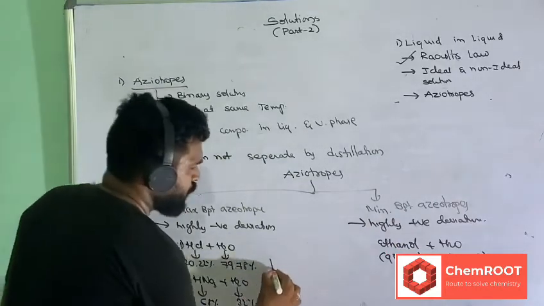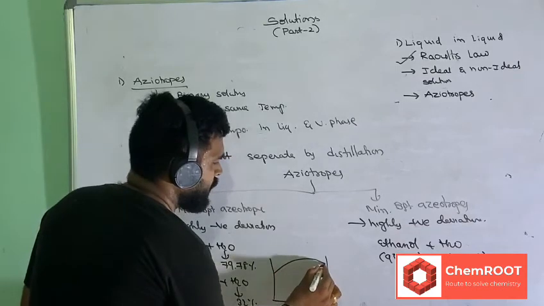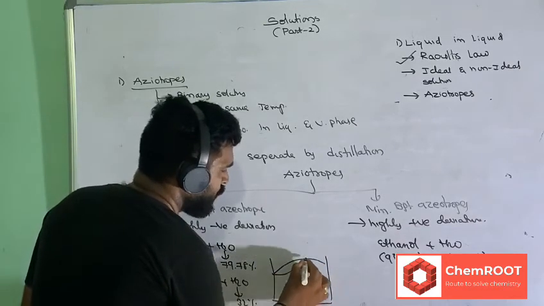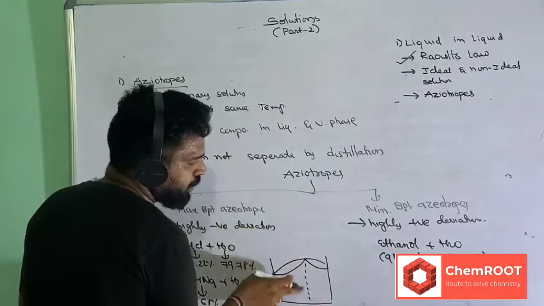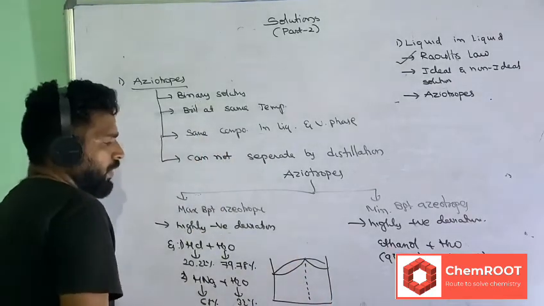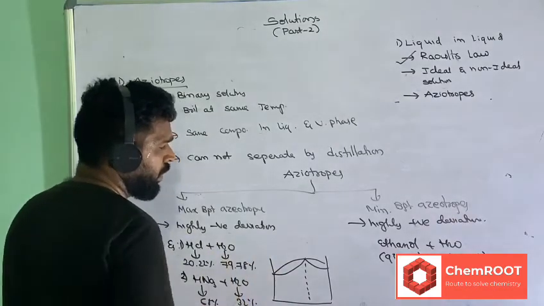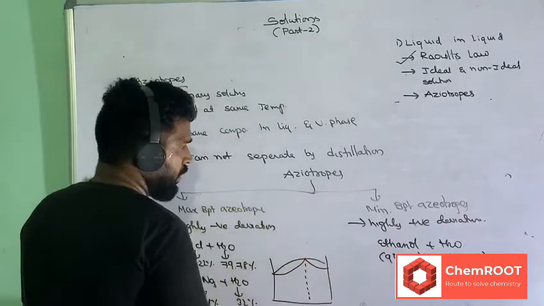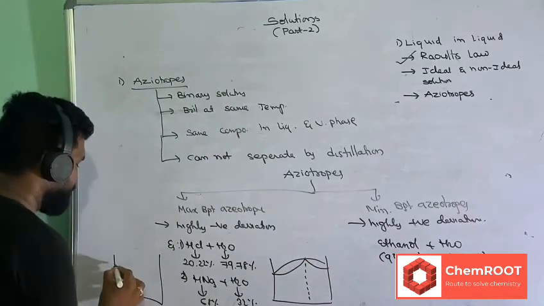Okay. So graphically, when you show it, when your two liquids are there, it shows the vapor pressure like this. At a particular composition, both have the same composition and boil at the same temperature. That comes under minimum boiling point and maximum boiling point cases.